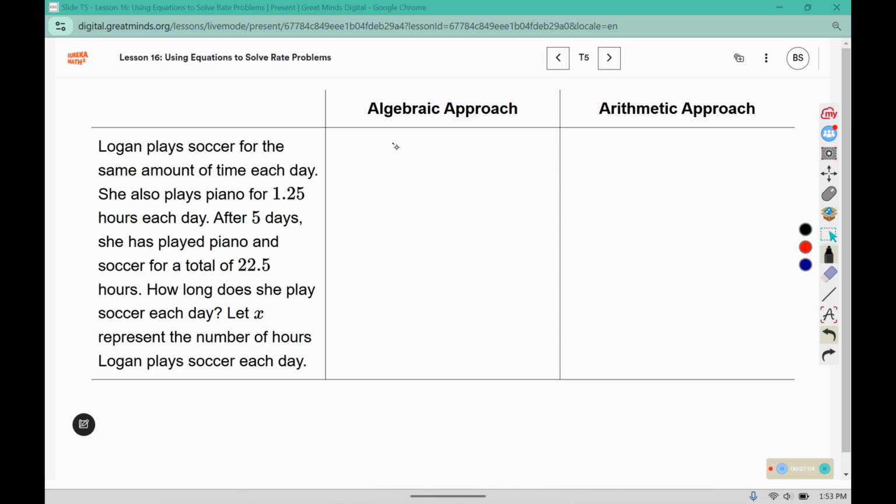So the soccer plus the piano each day. So far we have each day she plays X hours of soccer and 1.25 hours of piano. But she does that 5 days. So that whole thing gets multiplied by 5. She repeats that process 5 times for a total of 22.5.